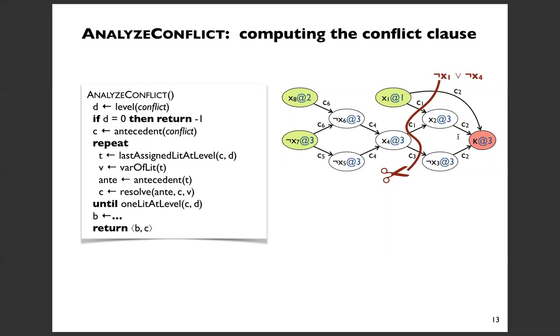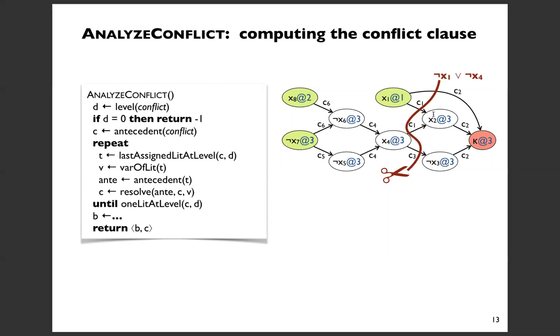Now the question you should be asking is, how can I derive something that makes irrelevant these decisions that resulted in a conflict between C1 and C2?